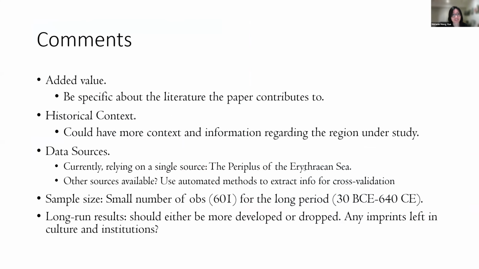So my main questions or comments are, first, I think the paper needs to be a bit more clear about where the added value actually is. Right now it emphasizes the model part a lot, but I think it would be a bit better if you emphasized the historical development, or were clear about what you wanted to achieve with that model.